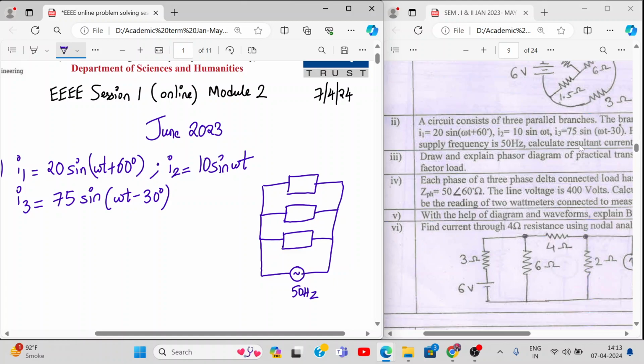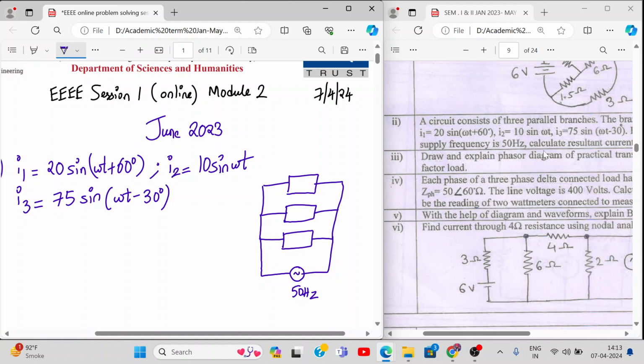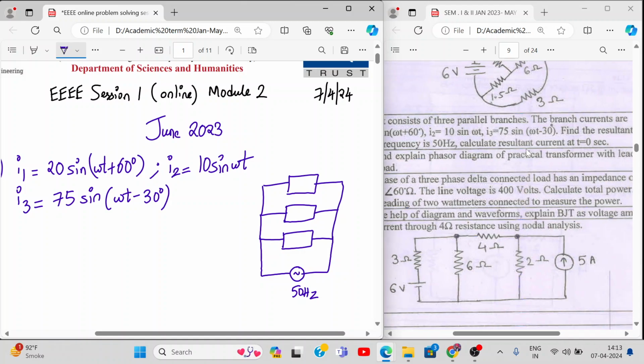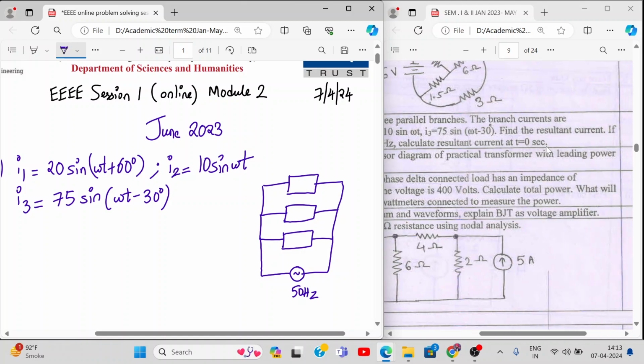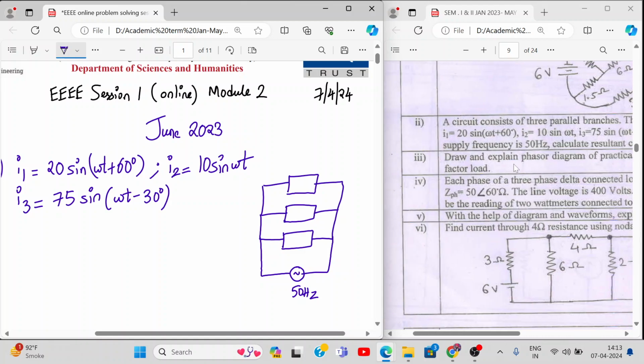Find the resultant current. If the supply frequency is 50 hertz, calculate the resultant current at t equal to 0 seconds. First of all, you have to find the resultant current. So let's say this branch 1 has a current I1 flowing through it, then I2, I3, and some impedance Z.